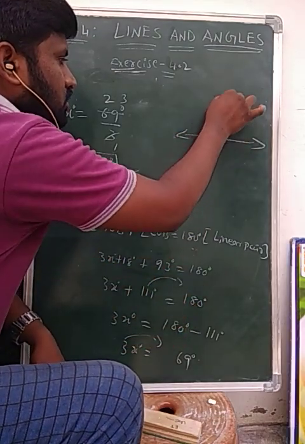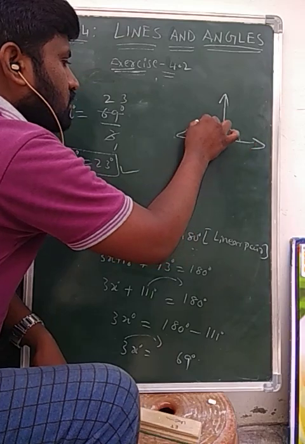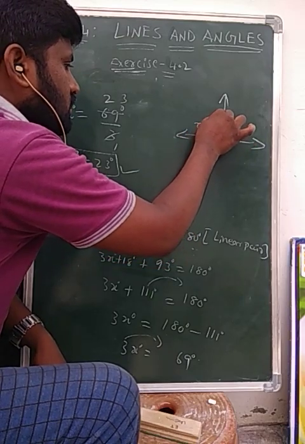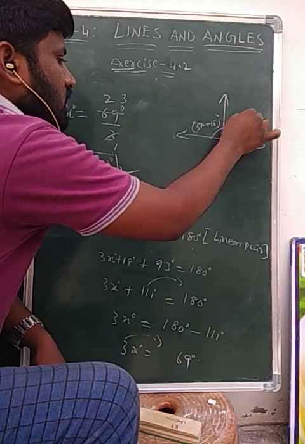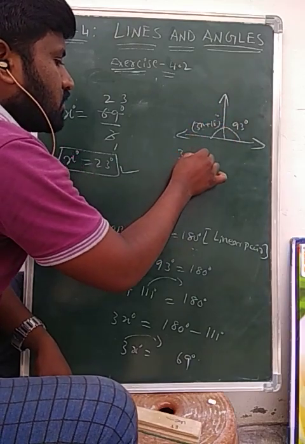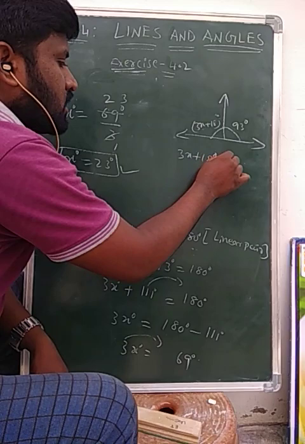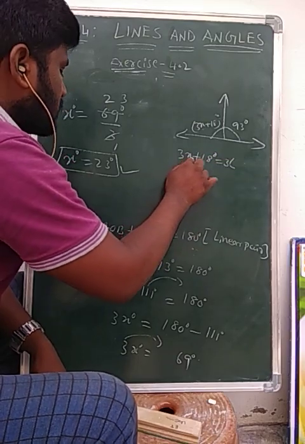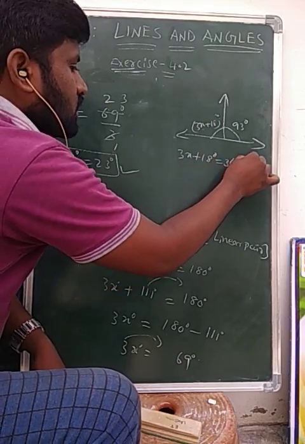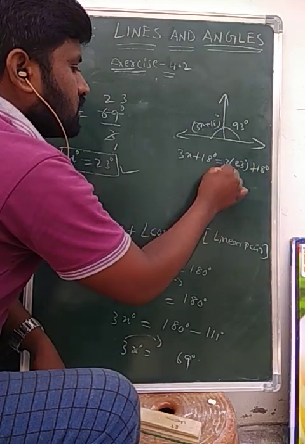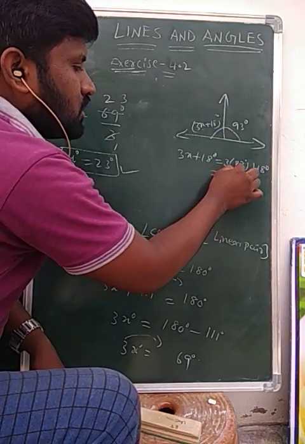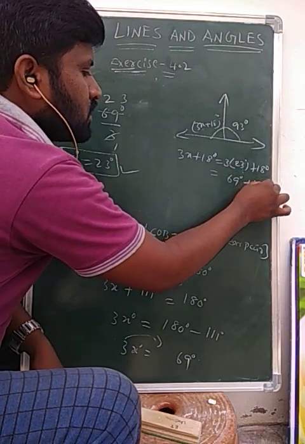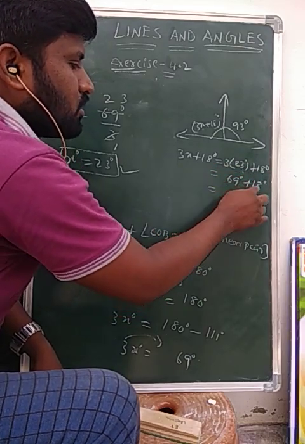In the figure, what they have given? 3x plus 18 degrees and this is 93 degrees. 3x plus 18 means 3 into 23 degrees plus 18 degrees. 3 3s are 9, 3 2s are 6, 69 degrees plus 18 degrees. 69 plus 18 means what?